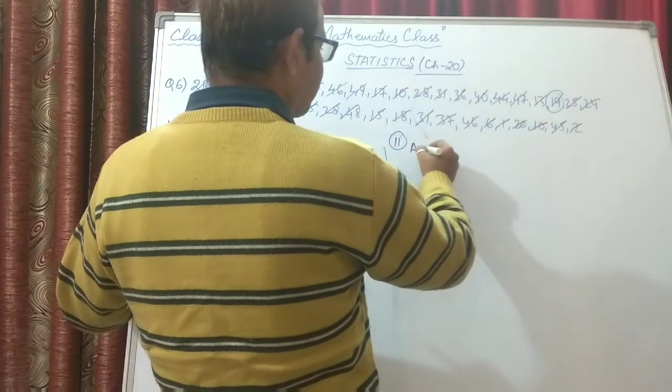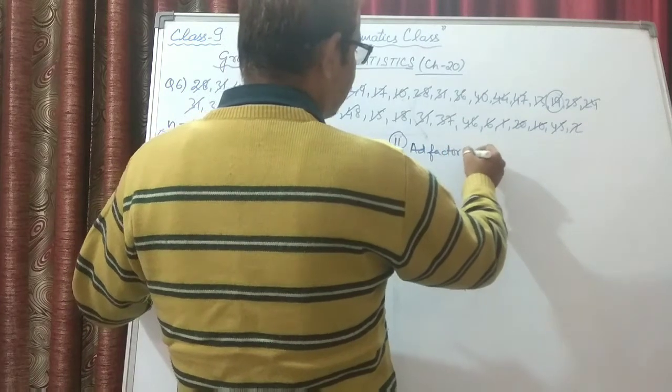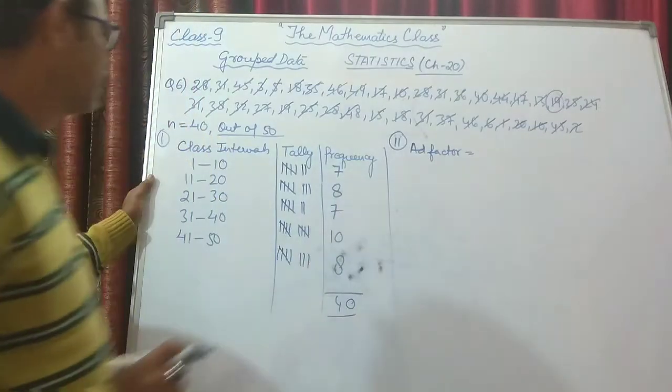So I am finding the adjustment factor. What is adjustment factor? Upper limit minus lower limit divided by 2.